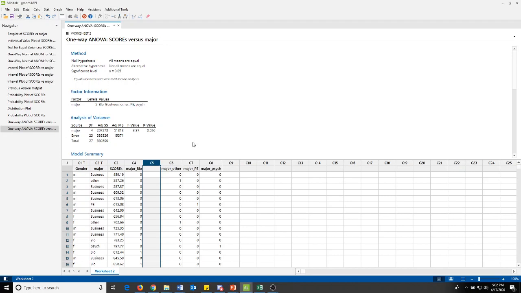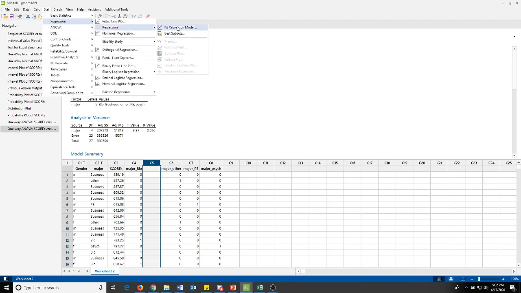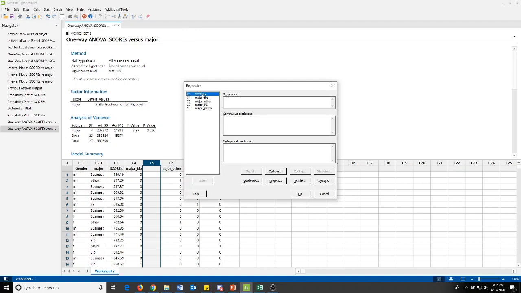So now I'm going to go ahead and do my regression equation. I'm going to fit my regression model. My score will be my response. And my predictors, oops, will not be there. They'll be here: the bio, the major, and the major psychology.